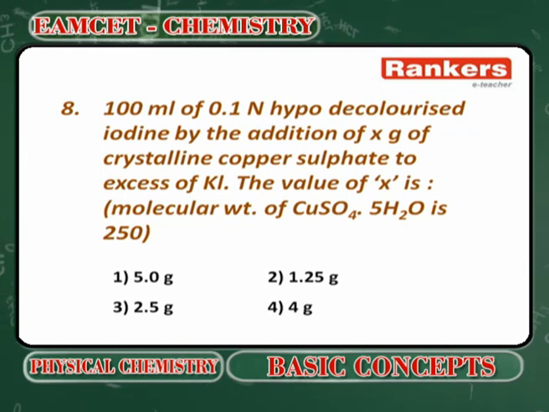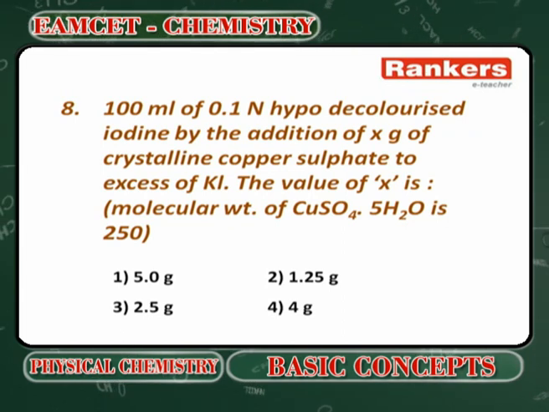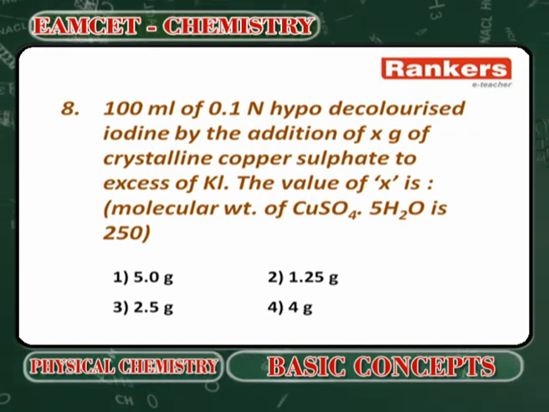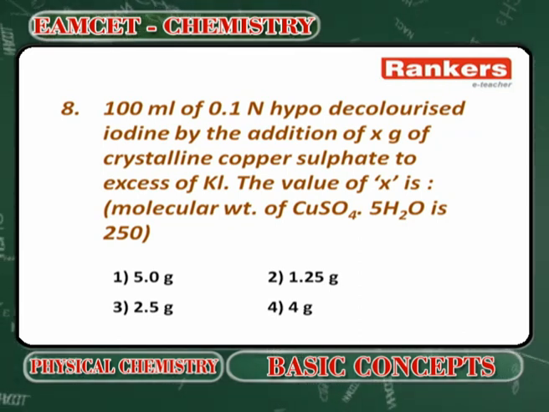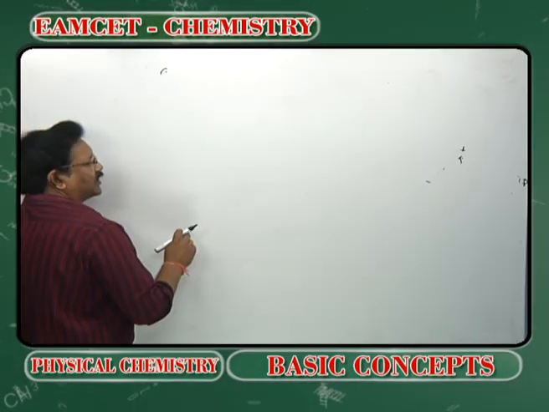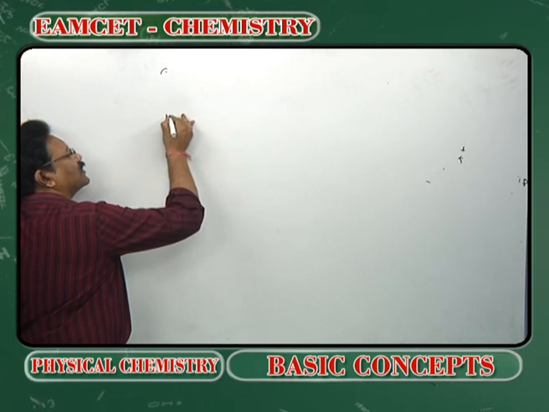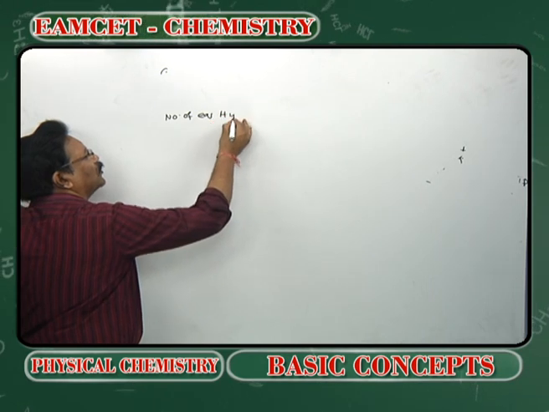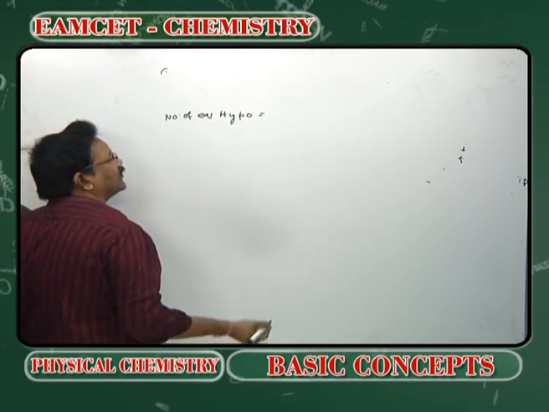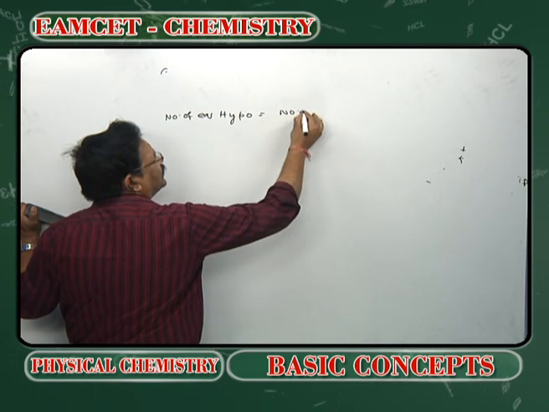Now, this is also a question related to volumetric analysis. What are the substances that are involved? Hypo and copper sulfate. Number of equivalents of hypo must be equal to number of equivalents of copper sulfate.